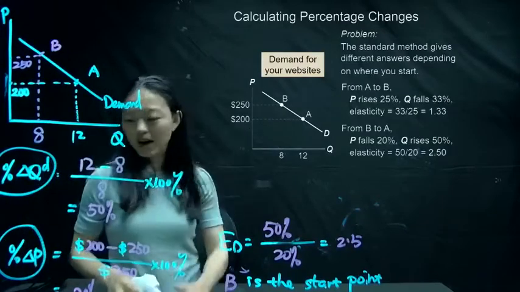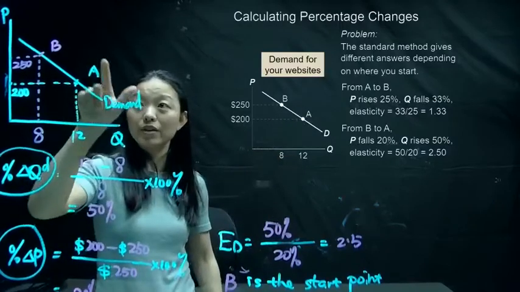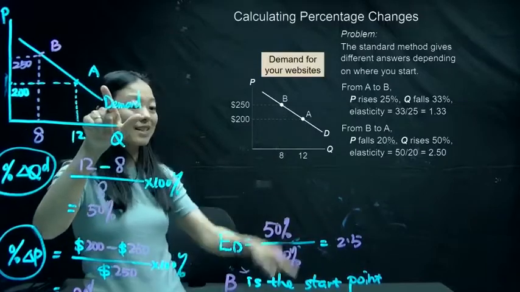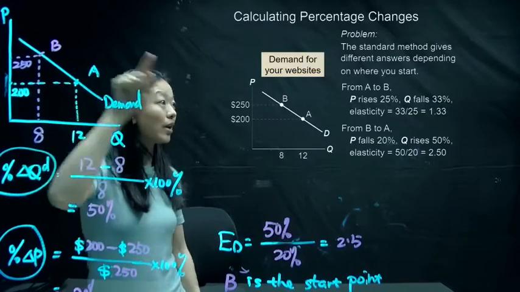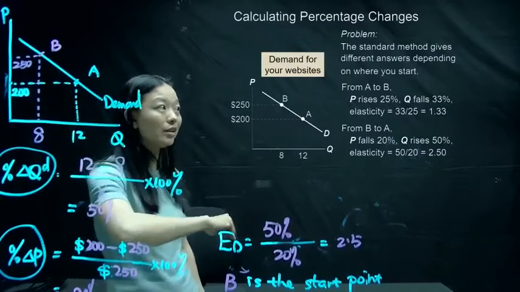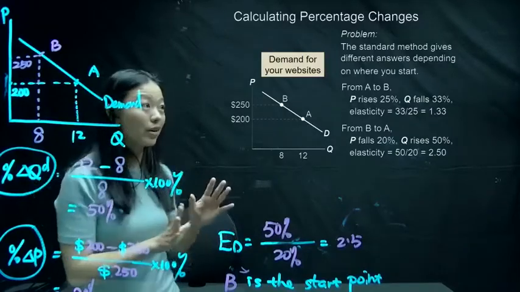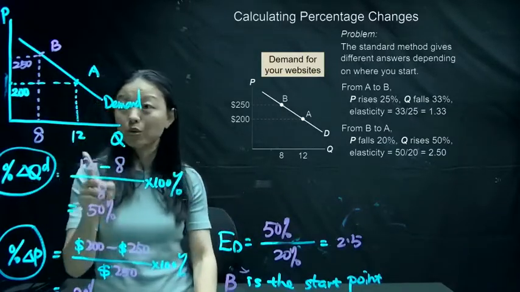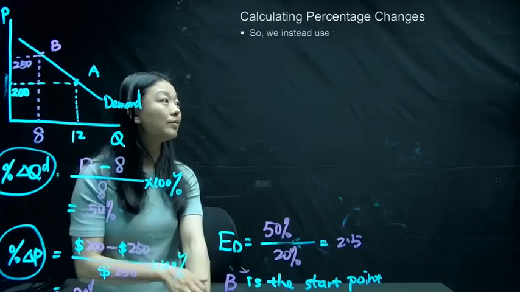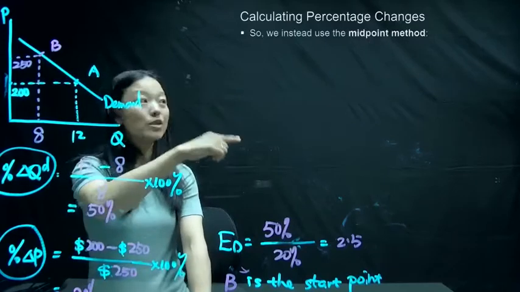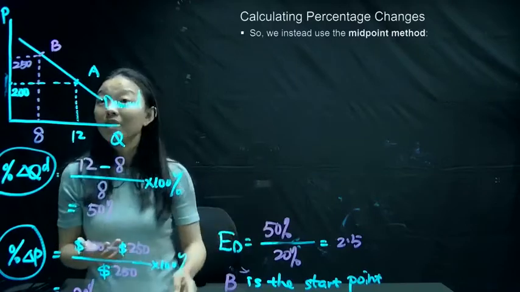You can see here what I just computed: moving from A to B, if we choose A as the start point, the price elasticity equals 1.33, and if we choose B as the start point, it equals 2.5. This could be a dilemma in economics, especially when we compute the price elasticity of demand. Therefore, we will use the midpoint method, which can help us solve this type of dilemma.